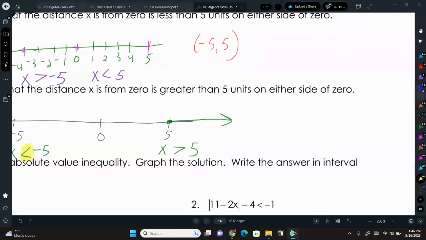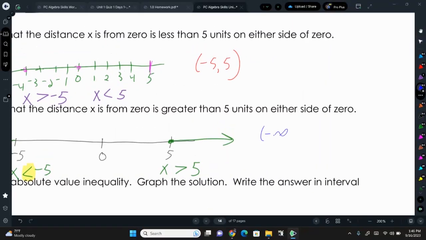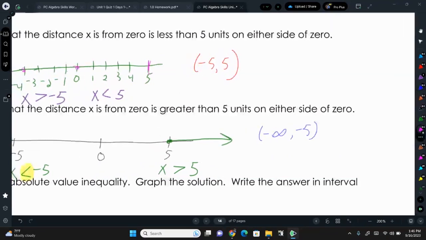So our answer here, our solution, is going to be -∞, -5, and the way we write and in symbols is this U, which stands for union, 5 to infinity. So this means and. So our solutions are from -∞ to -5 and 5 to +infinity.